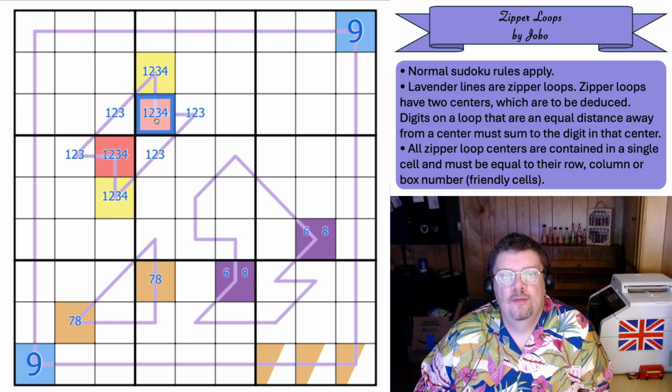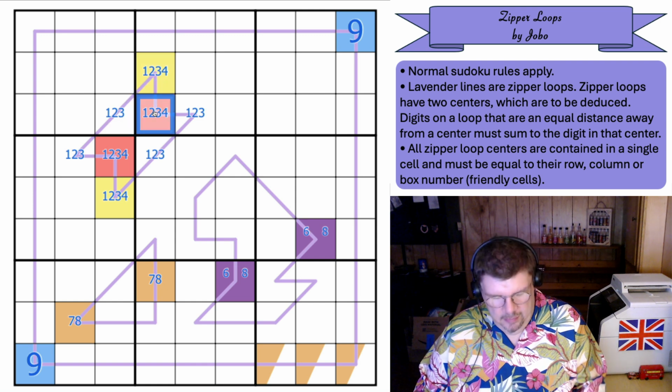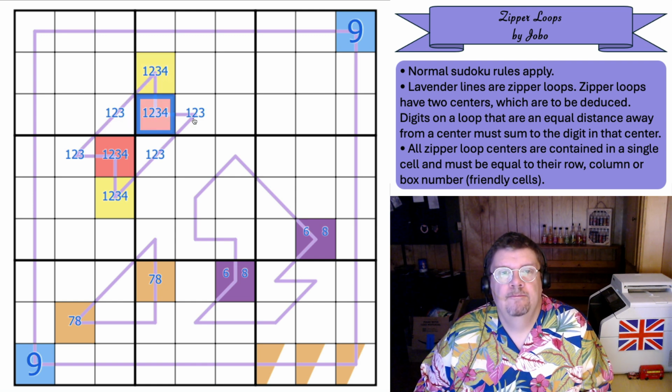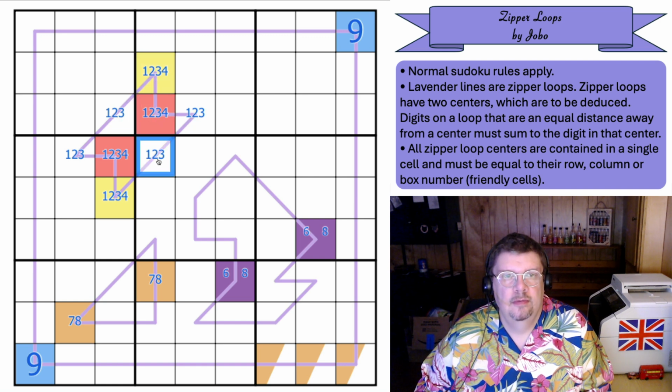So if this is 4, that has to be 1, 3. If that's 4, then that's 1, 3. That could be 1, 3 or 2, 2. And that'd be 1, 3. If this is 4, that's a 1, 3. Those are definitely 2. And that's a 1, 3.